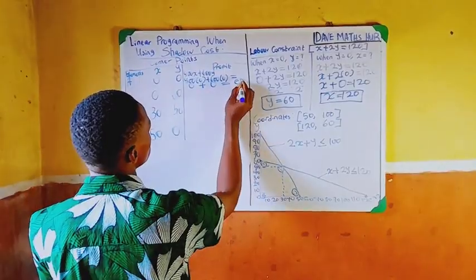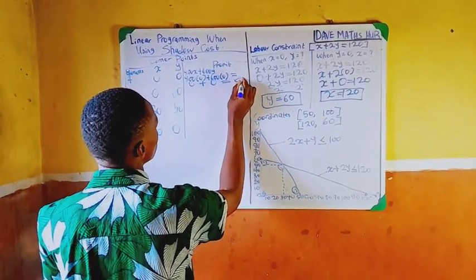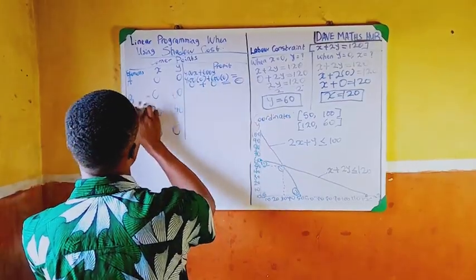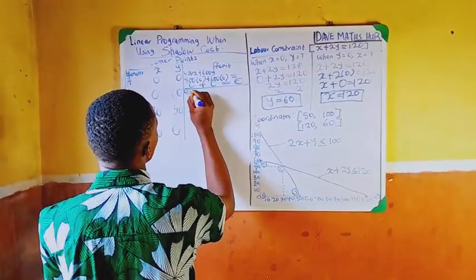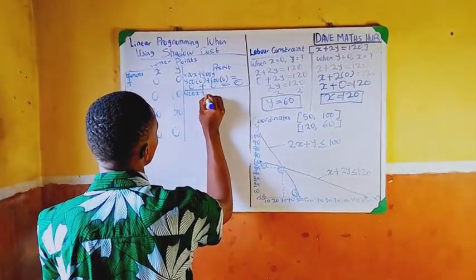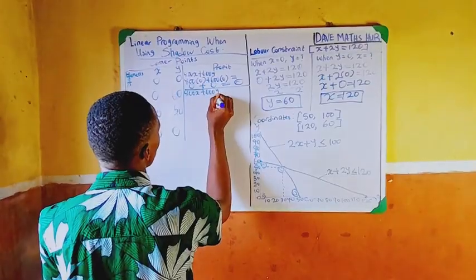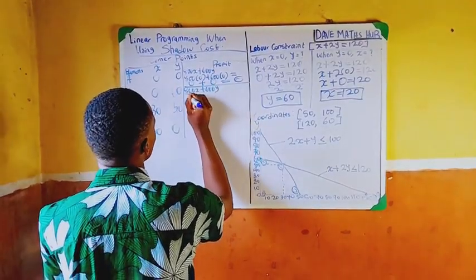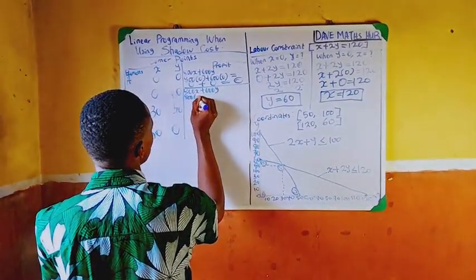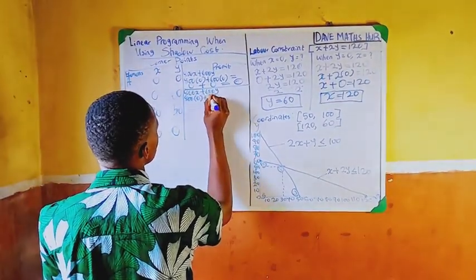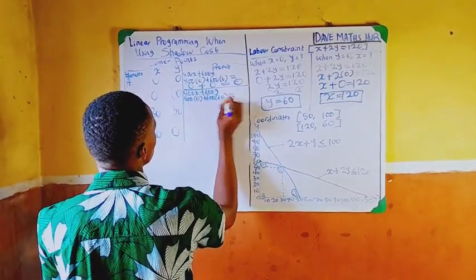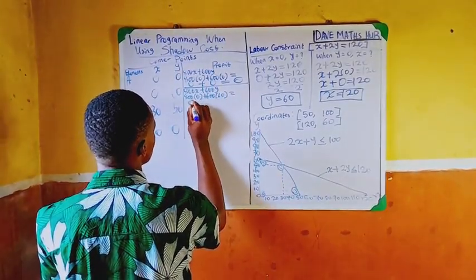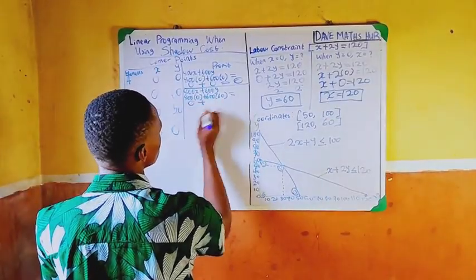A total of 0. Now for B, still using 800x plus 600y. Substituting, this will be 800 open bracket 0 plus 600 open bracket 60, giving us what? 800 times 0, 0 plus 600 times 60.